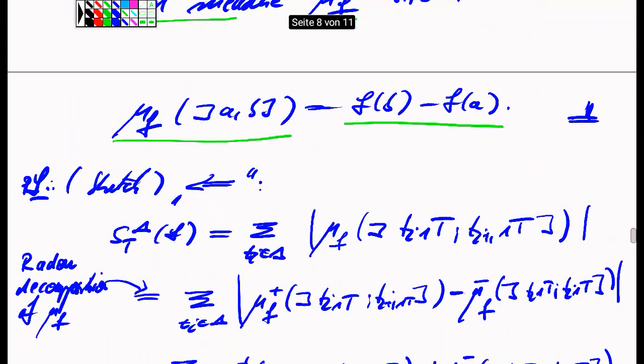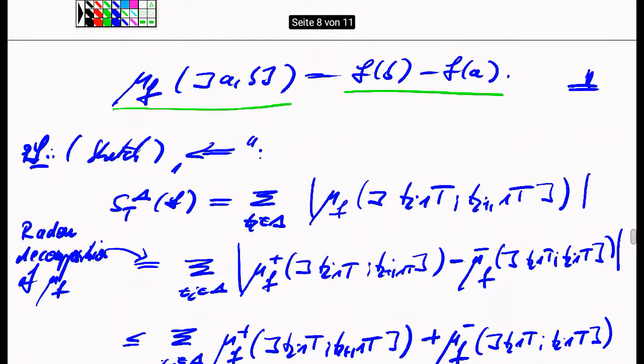Okay, let me sketch this correspondence. Namely, assume for a moment that we do have a signed measure on the Borel sigma field on the Euclidean line, which is locally finite, which means that on bounded sets it assigns a finite value.